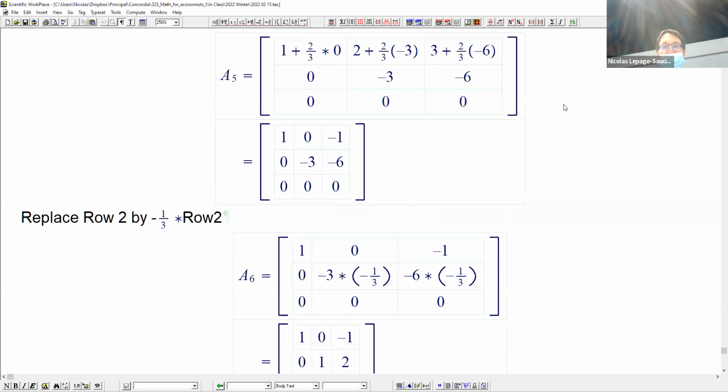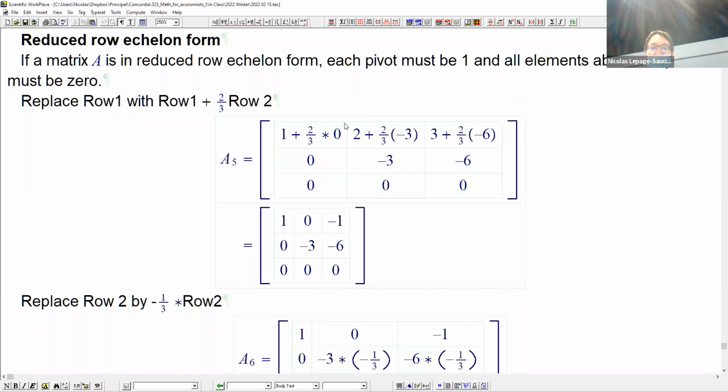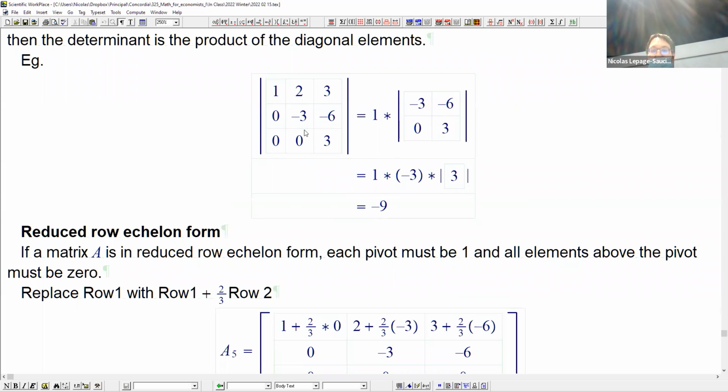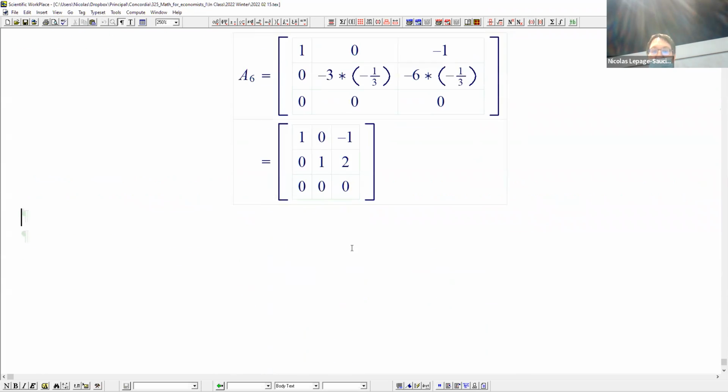So the row echelon form in general is not unique. There are many different row echelon forms that we can have, but know that the reduced row echelon form is unique.